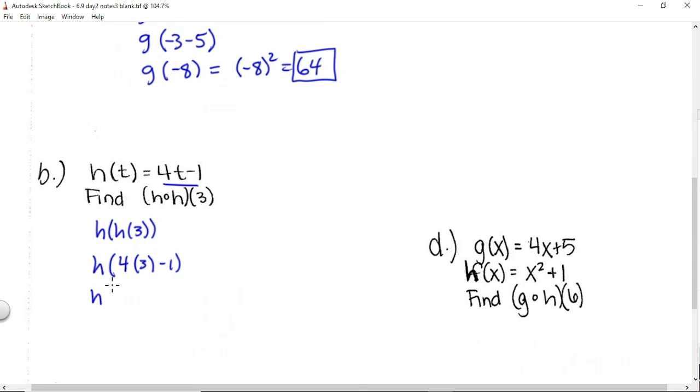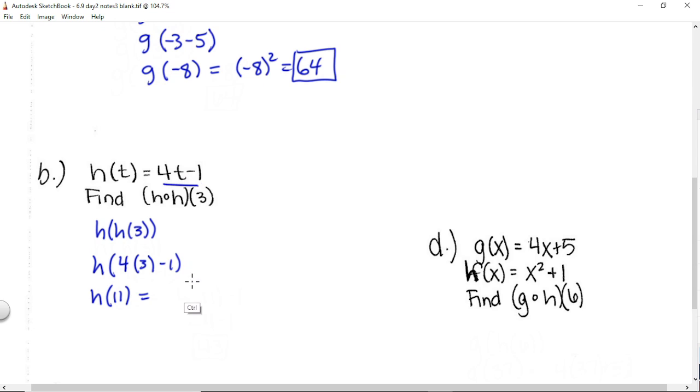So that's h of, we simplify that: 4 times 3 is 12, minus 1 is 11. And h of 11 is, well, plug 11 into h. Again, this is h. We plug 11 into that.